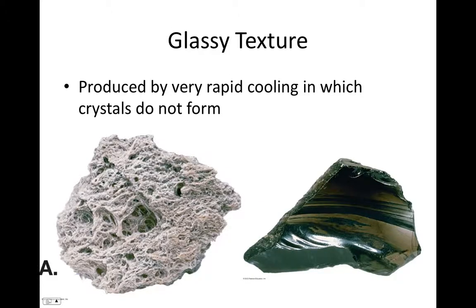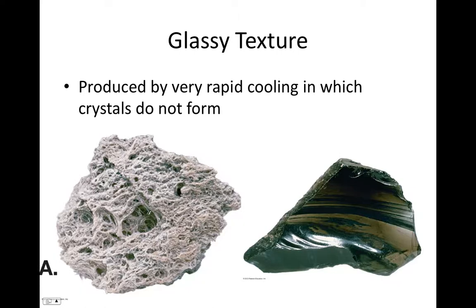Next is a glassy texture. The glassy texture develops whenever the molten rock cools so rapidly that the mobile ions do not have time to arrange themselves into crystals, and they just freeze right in place randomly, and that forms glass. So volcanic glass, also known as obsidian on the right here, and pumice on the left, do not have a crystalline structure.